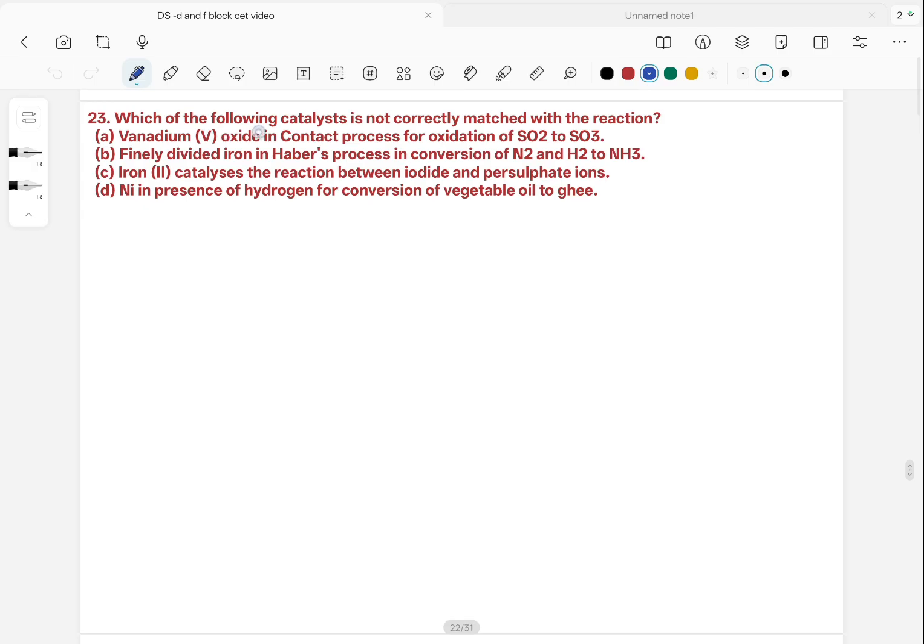Which of the following catalysts is not correctly matched with the reaction? The reactions are this way. Vanadium oxide in contact process for oxidation of SO2 to SO3. SO2 will get oxidized to SO3 in presence of vanadium pentoxide in contact process. So this statement is correct.